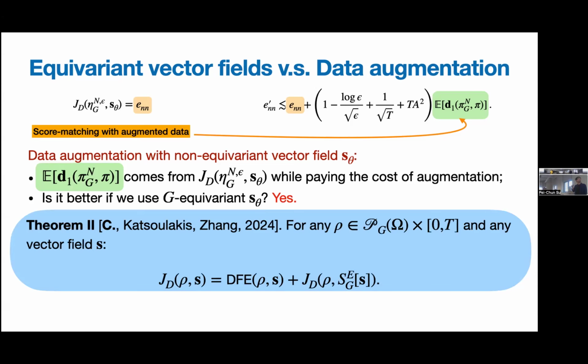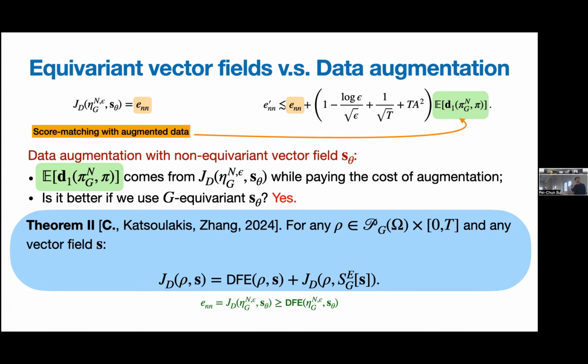We explain this theory as follows: for any G-invariant probability measure and any vector field S, the probability measure is G-invariant, but the vector field S is generic and might not be G-equivariant. Then we have the following error decomposition. The DSM error of the score matching of S with respect to probability measure rho can be decomposed as the DFE of S with respect to rho plus the DSM score matching error using its symmetrized vector field to approximate the score of the same probability measure.